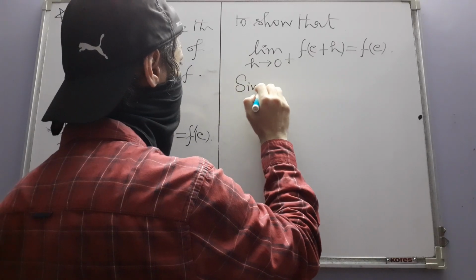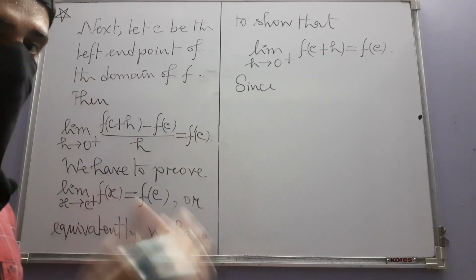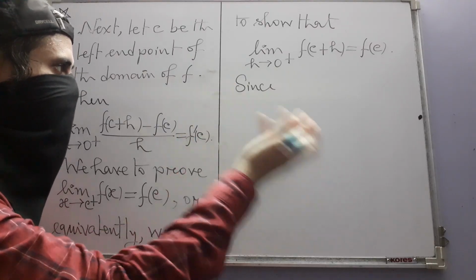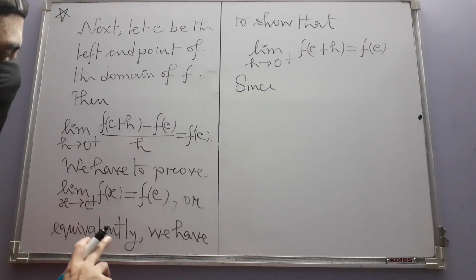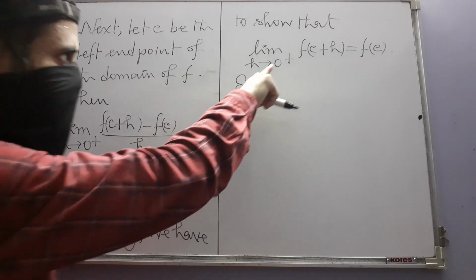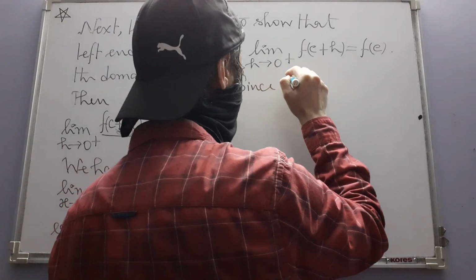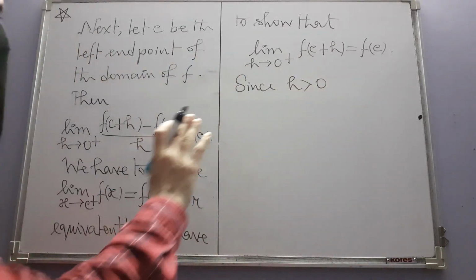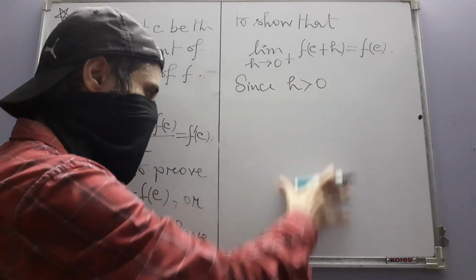Since, you see, in case c is an interior point, we wrote since h is not equal to 0. Now also you can write h not equal to 0, but it's better to write what h really is. H in this case is a positive real number. So since h is greater than 0, if you write h not equal to 0, that will work too.